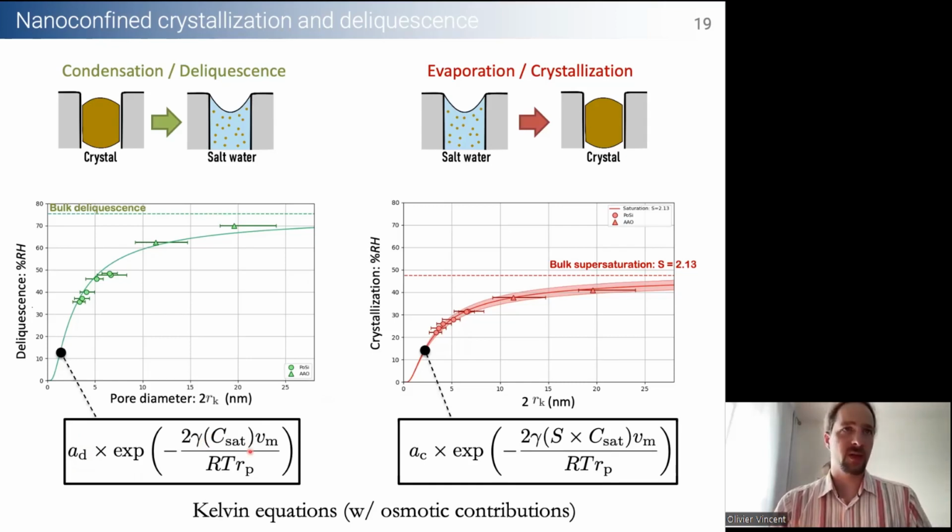And just with this equation, we can fit this data without any adjustable parameter. And the same happens for crystallization, except that here there's one fitting parameter, which is the supersaturation at which the solute crystallizes in the pore.